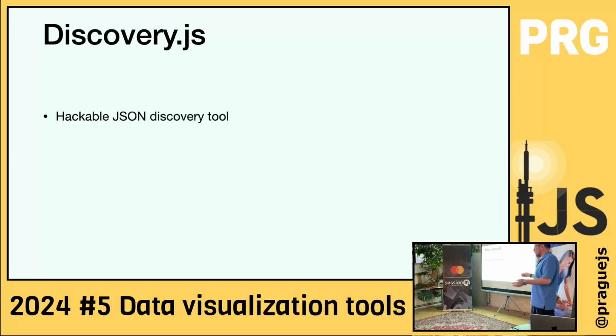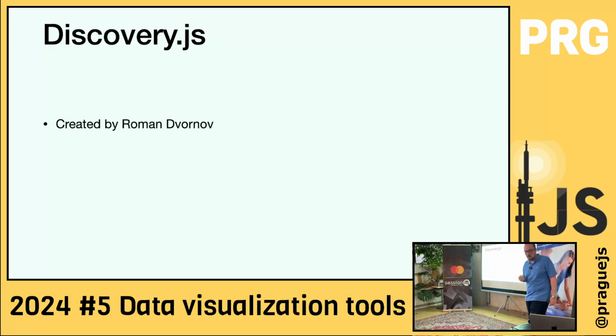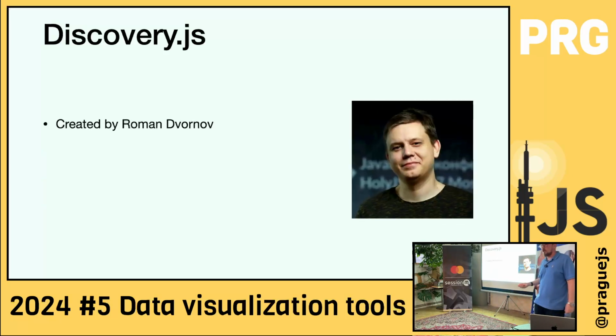So, what is Discovery.js? That's the basement of the extension. Of course, that's a hackable JSON discovery tool, or how we call it, JSON Analytics Meta Framework. And it's the ecosystem of the product, like JSONX, which I already mentioned, Jora, etc., including JSON Discovery. You can get it from GitHub. It was originally created by Roman Dvornov.